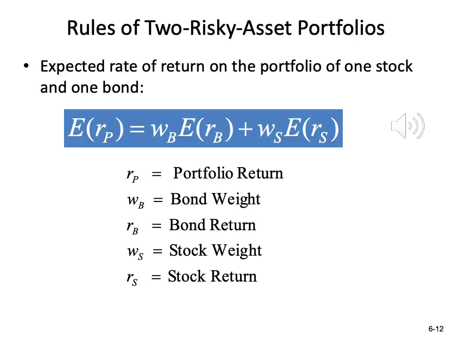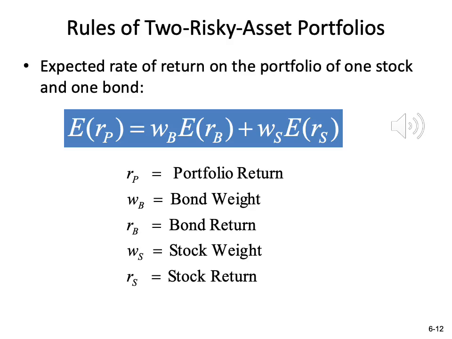To calculate the risky portfolio's return, I will introduce the following formula. Assume we only have two risky assets in the risky portfolio. We only have bonds and stocks. Then the expected return of the risky portfolio will be proportional to the returns of the bonds and stocks, and it also depends on the weight you put on the bonds and the stocks.